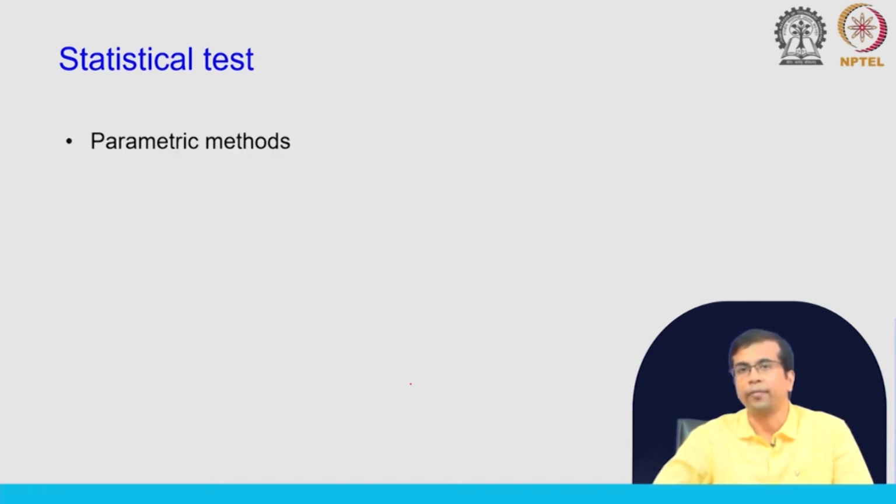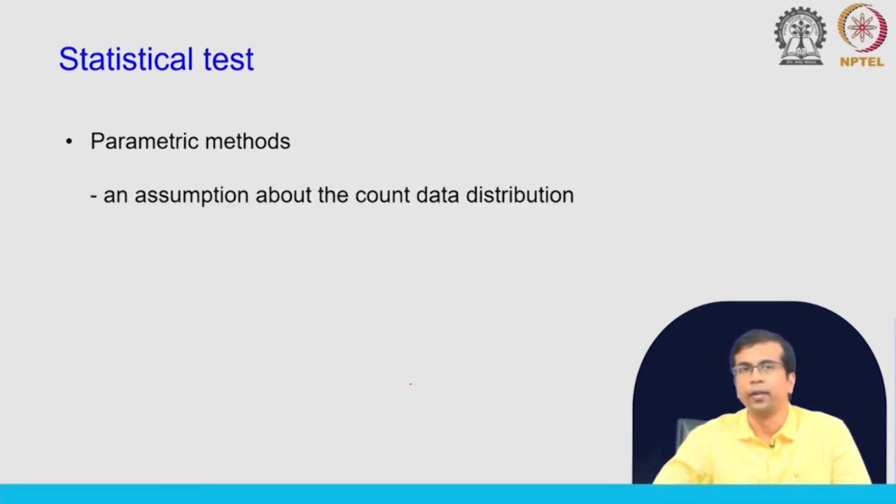So we can have parametric methods. I'm not sure if you are aware of parametric methods and non-parametric methods. If not, I'll just mention. In parametric methods, there is an assumption about the underlying data. Here it's the count data that we are working with, and there is an underlying assumption about the count data distribution.